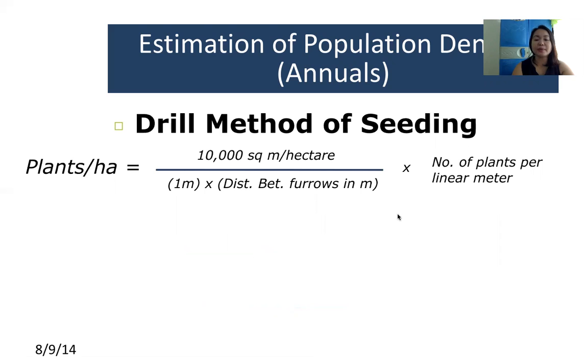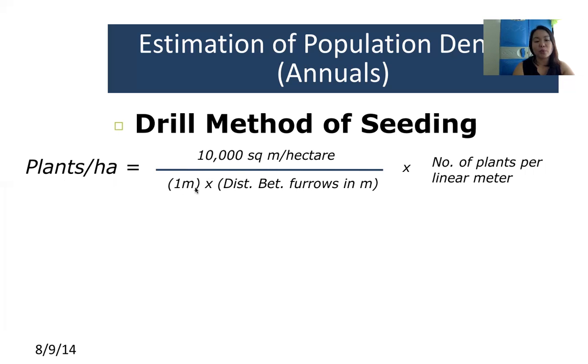Another computation is the drill method of seeding, and it's about the same formula. The plants per hectare computation uses 10,000 square meters per hectare over 1 meter times the distance between furrows in meters, multiplied by the number of plants per linear meter.